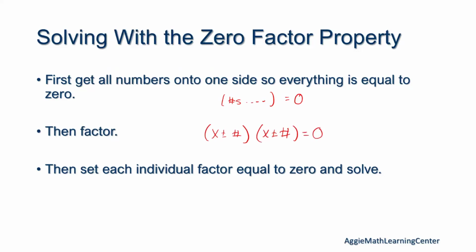So it's the same thing we were talking about before. Either this has to be 0, or this has to be 0, or both. So we'll set both of those things equal to 0 and solve it out. So let's do an example of this.